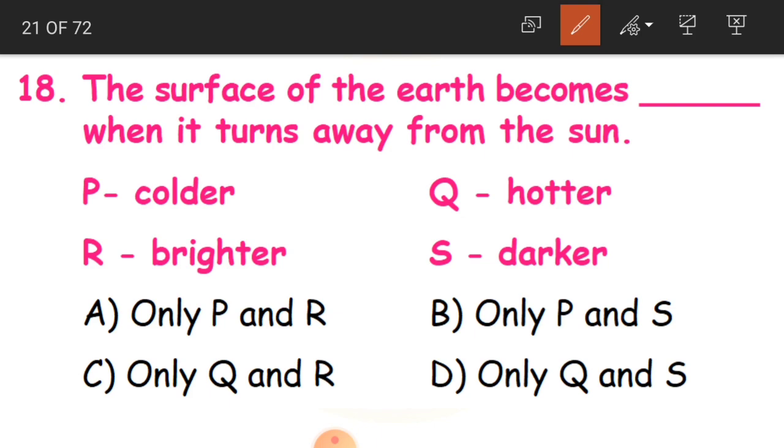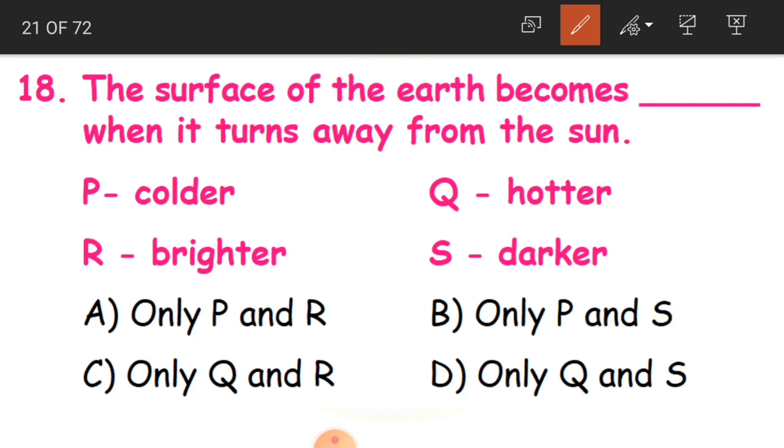Now 18th question, children. The surface of the earth becomes dash when it turns away from the sun. Okay, when it turns away from the sun. So when earth is going to turn away from the sun, when it is revolving or rotating around the sun and on its own axis, the surface of the earth becomes what?